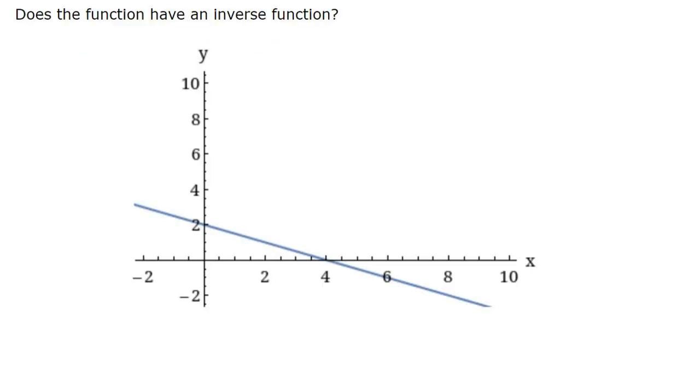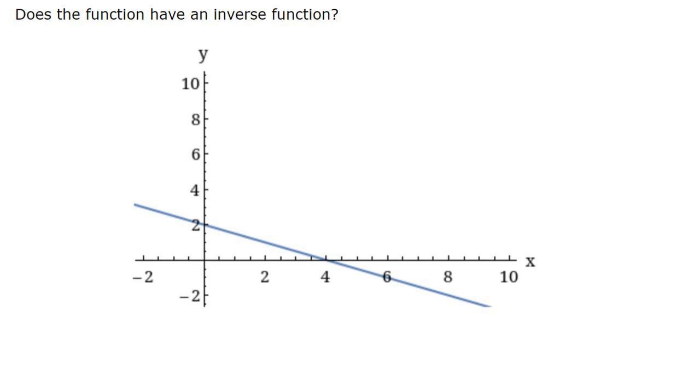All right, so let's look at this graph. It says, does the function have an inverse? So let me take the time to review first what a function is, right? Or how we can determine if what we're looking at is a function. If they give us a graph and they ask us first, is this a function? Well, we all know that there is a test that we can perform to see if this is a function.